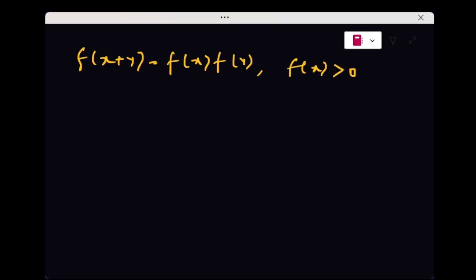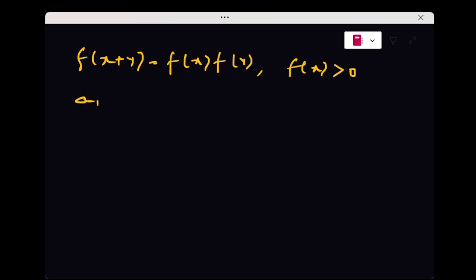So what are the informations that we are provided with? f(x+y) is equal to f(x) into f(y), where f(x) is greater than 0.